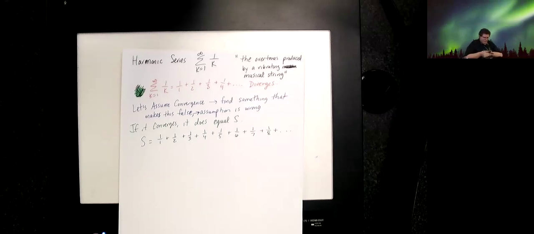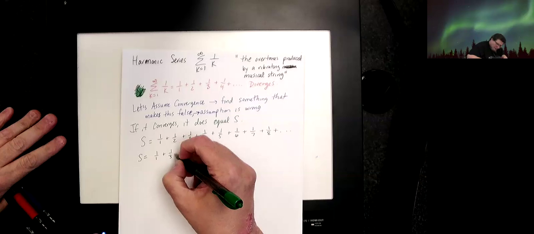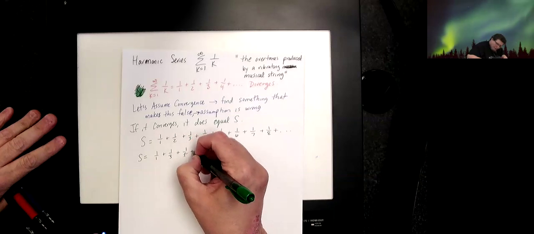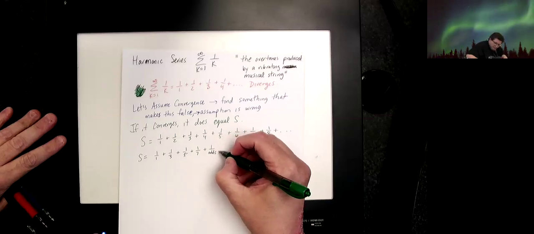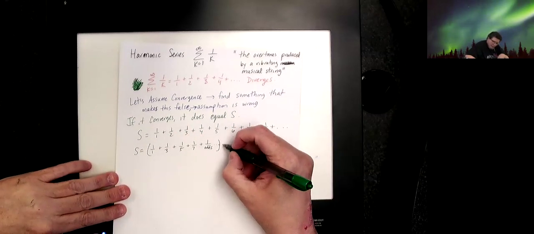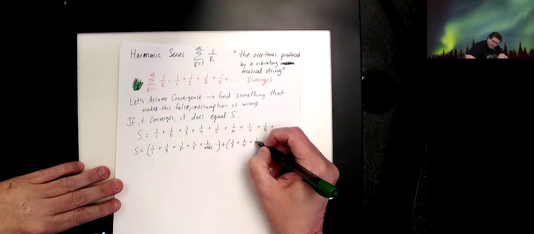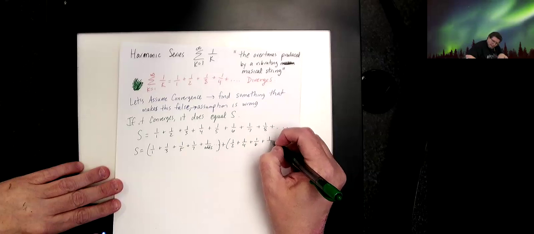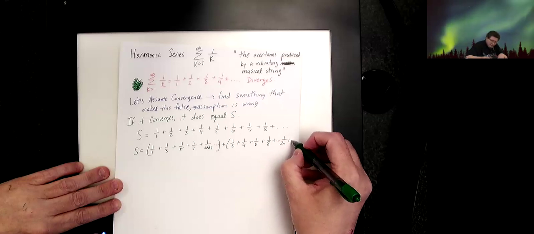And I'm going to rearrange these to group up the odd denominators. So S equals 1 over 1 plus 1 over 3 plus 1 over 5 plus 1 over 7 plus 1 over the other odds. Plus then the evens, 1/2 plus 1/4 plus 1/6 plus 1/8 plus 1 over like 2n.